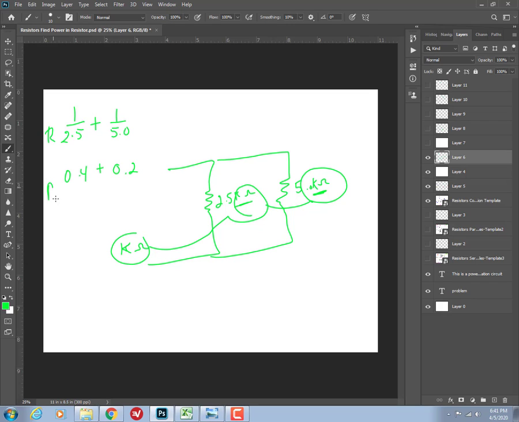This is the add part. 0.4 and 0.2 makes 0.6. Now we're going to do the last reciprocal part. 1 divided by 0.6 is 1.666. We'll round up to 1.667, and that's K ohms to keep the units the same.